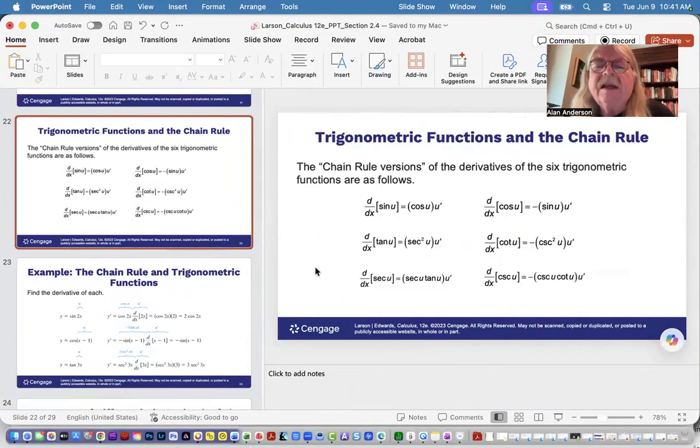Anyway, then we have the trig functions. And remember, we did this once before. Instead of the derivative of sine of x, we have the sine of u, which is a function of x. Based on the chain rule, this complicates everything a little bit because now the result is not just cosine u, but then we need the derivative of u as well.